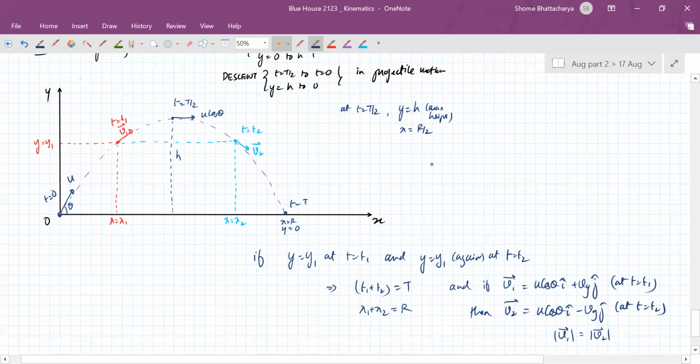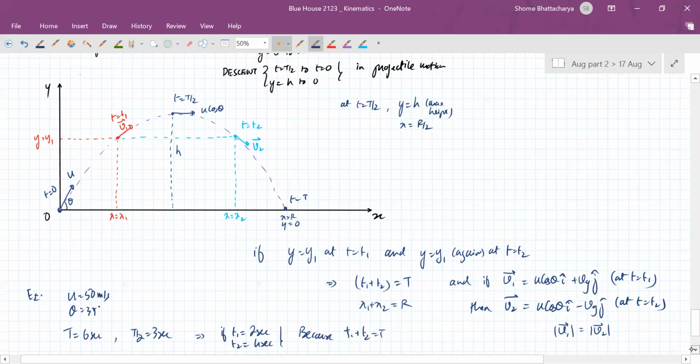So that's the example that we saw over here, where u was 50 meters per second and theta was 37 degrees, our time of flight came out to be 6 seconds. Therefore T by 2 was 3 seconds. If t1 was 2 seconds and t2 was 4 seconds, because t1 plus t2 was equal to capital T, there was that symmetry.